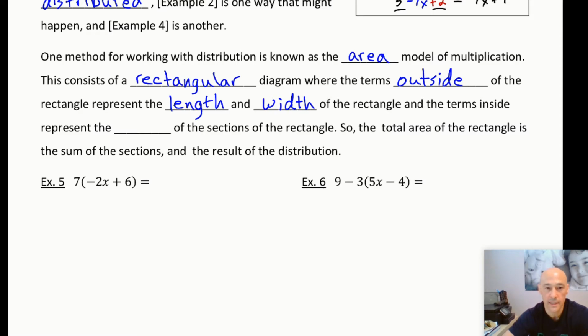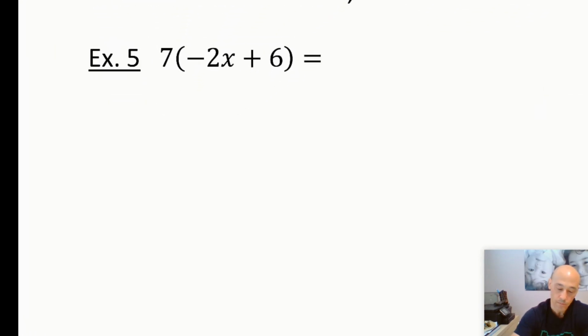And the terms inside represent the area, that's why we call this an area model, of the sections of the rectangle. So the total area of the rectangle is the sum of the sections and the result of the distribution.